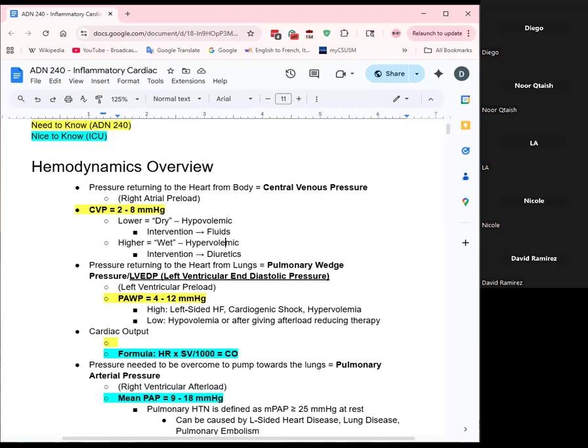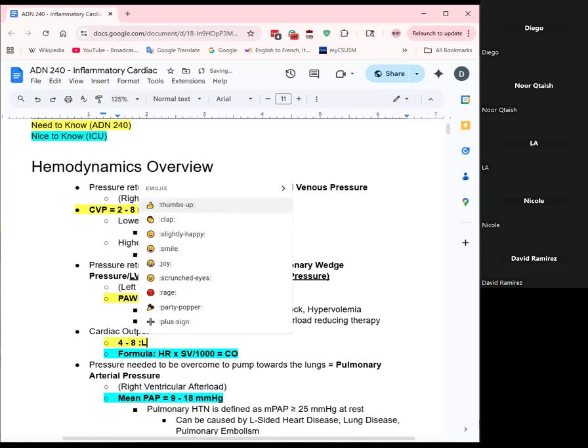Okay, so the next one you're going to need to know is your cardiac output. So what is that number? 4 to 8, yes. 4 to 8, this is going to be liters per minute.